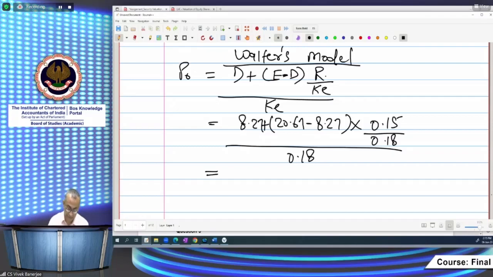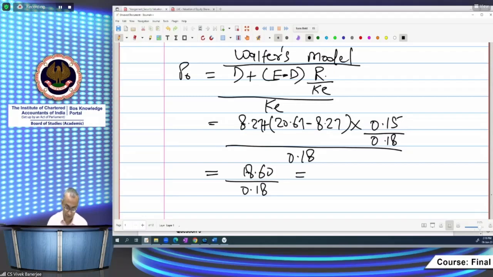So it is 20.67 minus 8.27 multiplied by 0.15 divided by 0.18, plus 8.27. It is coming to 18.60.